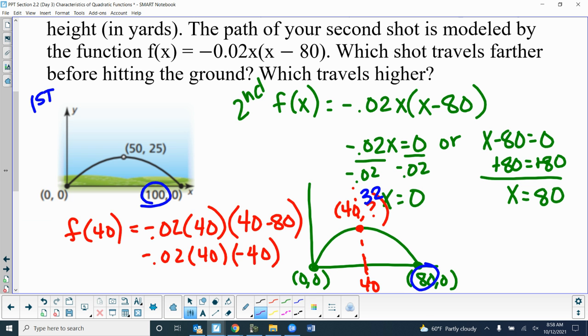The first got to be 25 yards high, but this one got to be 32 yards high. So basically what we did with this equation was figure out the x-intercepts, the axis of symmetry and the vertex, just like some of the homework problems last night. And then we had to look at the problem and answer the question using all that common sense you have.